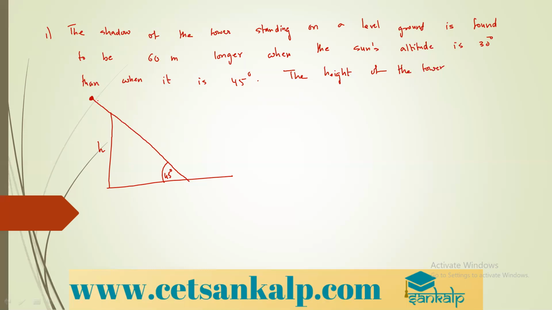After some time, if the sun moves here, then the angle of elevation of the sun will be 30 degrees. So initially when the angle of elevation was 45 degrees, this is the shadow's length. But when the angle of elevation is 30 degrees, this is the shadow's length, which is 60 meters longer. That means this is 60 meters.